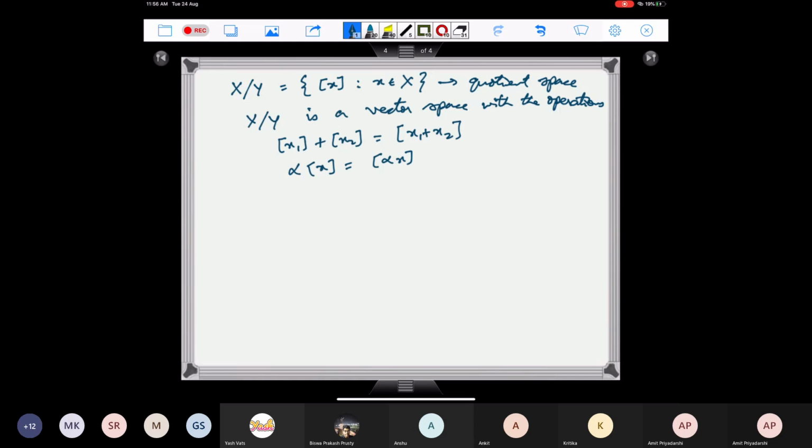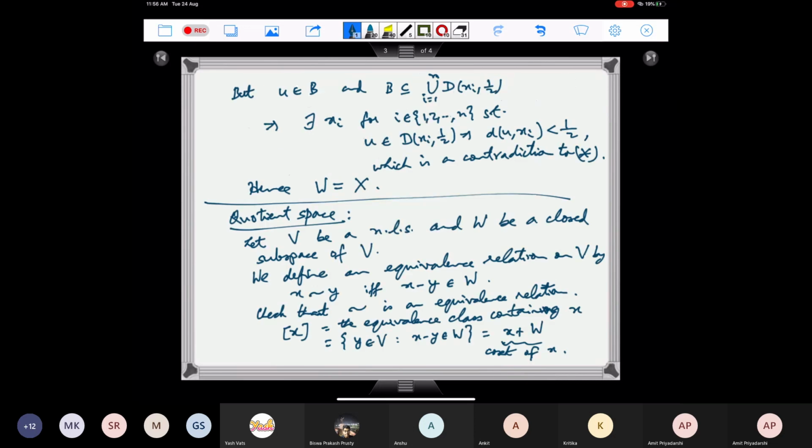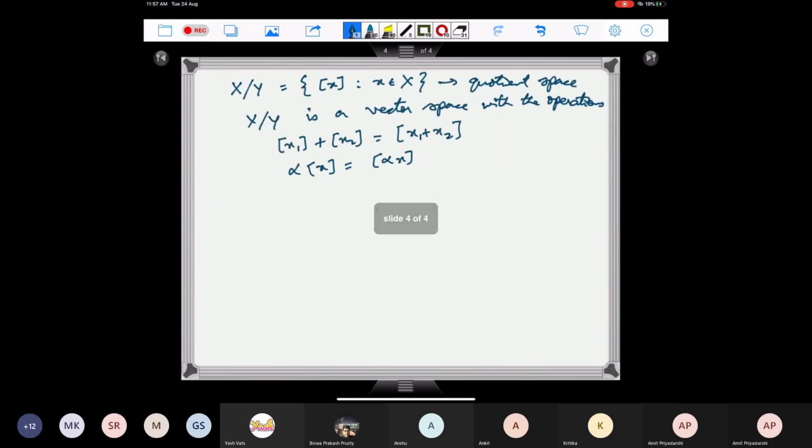It is easy to check that these are well-defined operations, and then with respect to this addition and scalar multiplication, this will become a vector space. So V mod W is a vector space. Now, here what we were taking is that this is actually V and W.